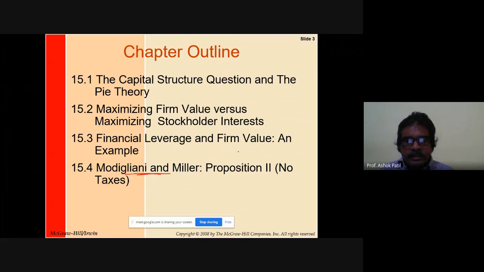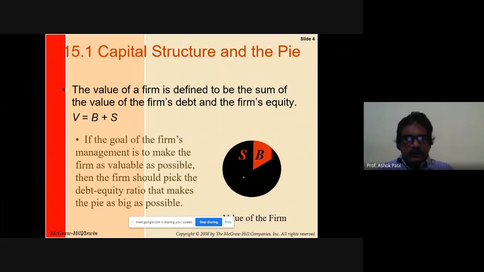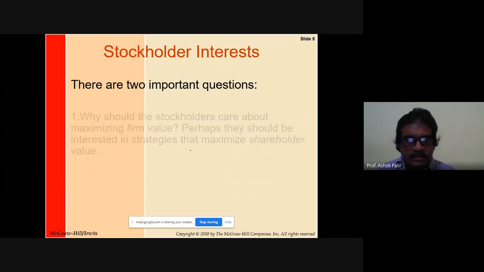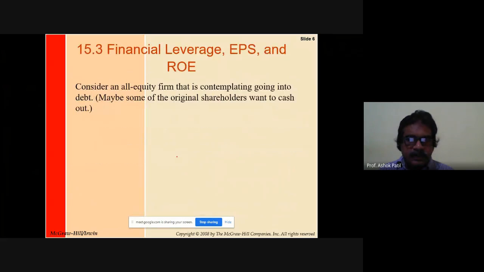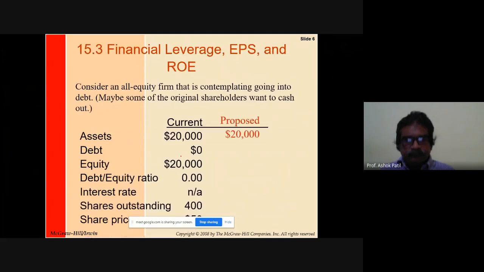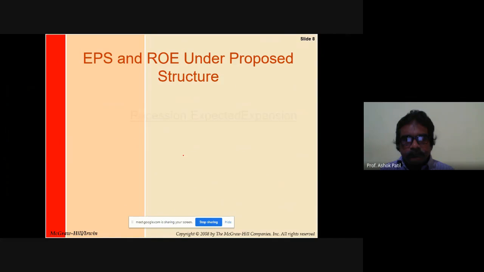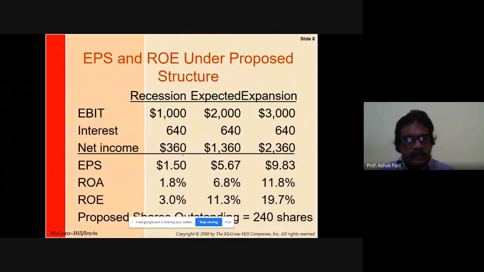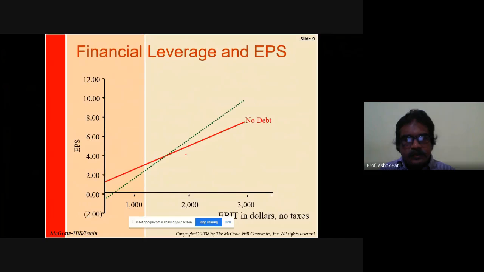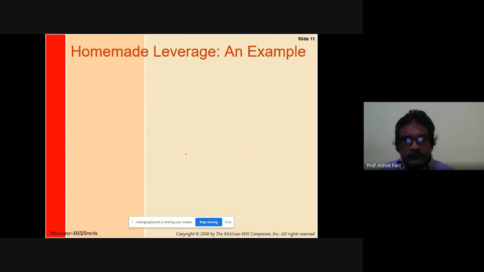In the MM theory, what did he say with taxes and no taxes? We'll do that in detail tomorrow, but I'm just showing you because conceptually it will be connected. I don't remember whether I shared this with you in the previous course.